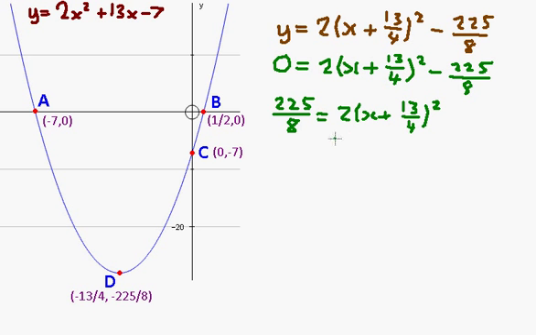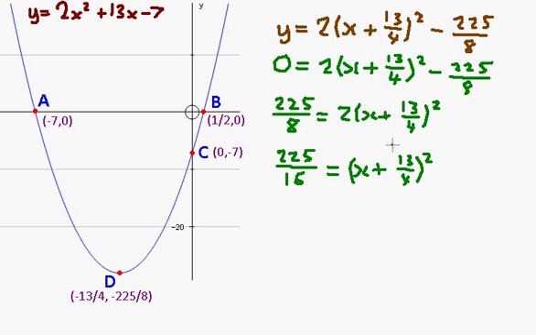Then I'm going to divide both sides by 2, so I'm going to get 225 over 16 is equal to (x plus 13 quarters) all squared.